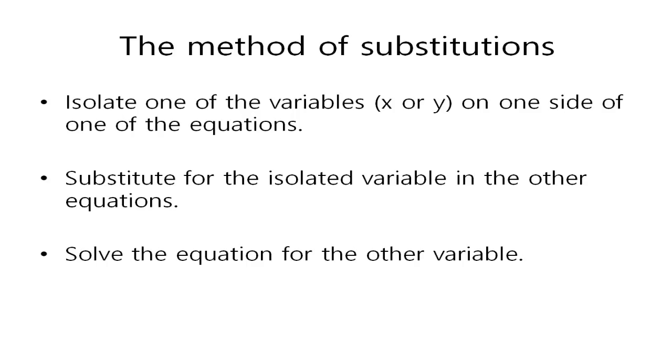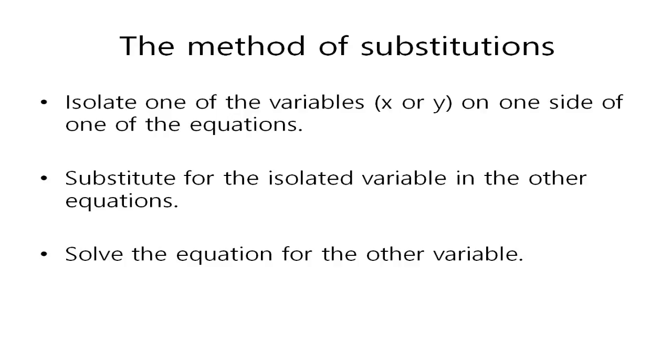Secondly, the method of substitution. It is a way to solve simultaneous equations by making one equation into a specific function and inputting that function back into our other original function to solve for the other variable. And here are three specific steps for applying the method of substitution.